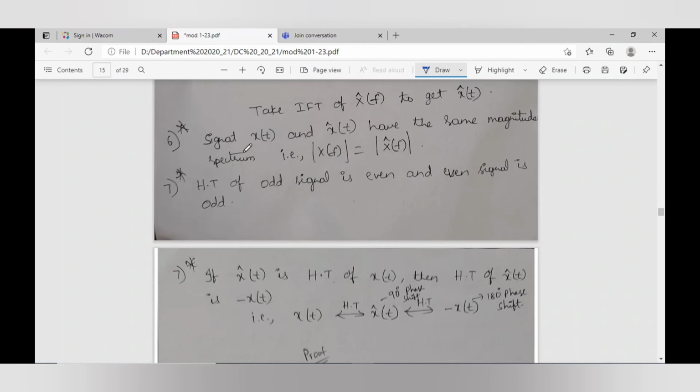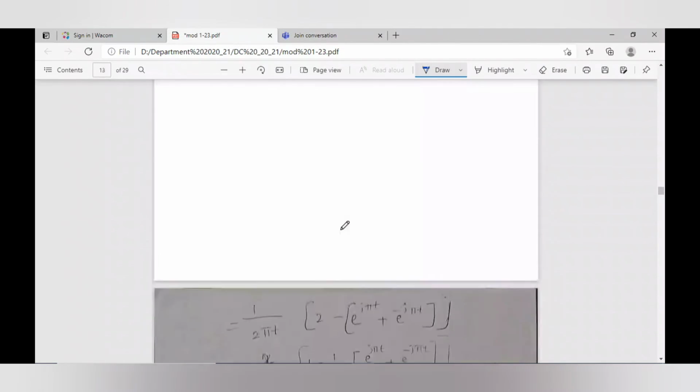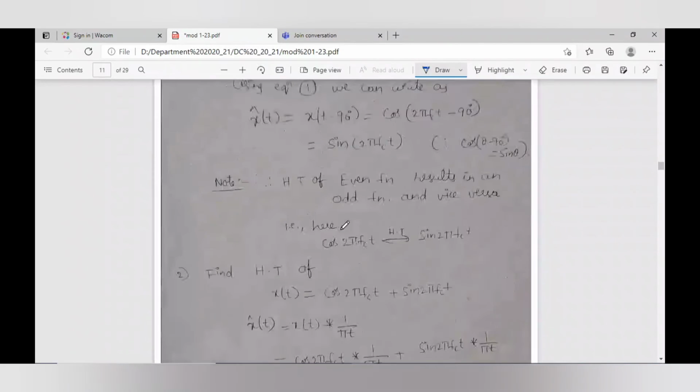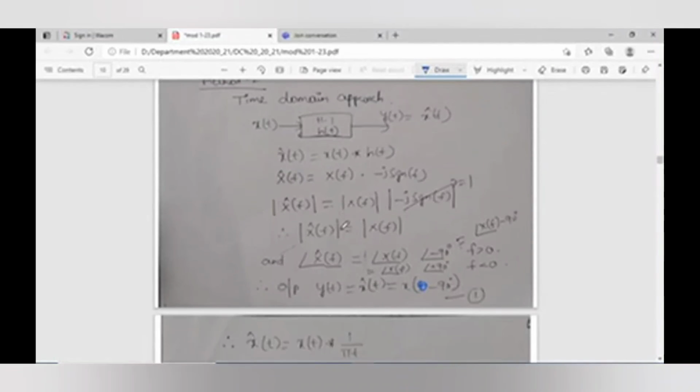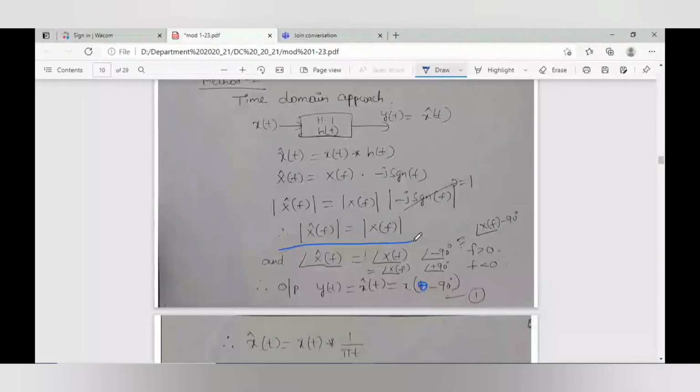And coming to the next one, signal x of t and x cap of t have the same magnitude spectrum. We have already proved that in this. See here, mod x cap of f is equal to mod x of f. Or I'll just prove it again.